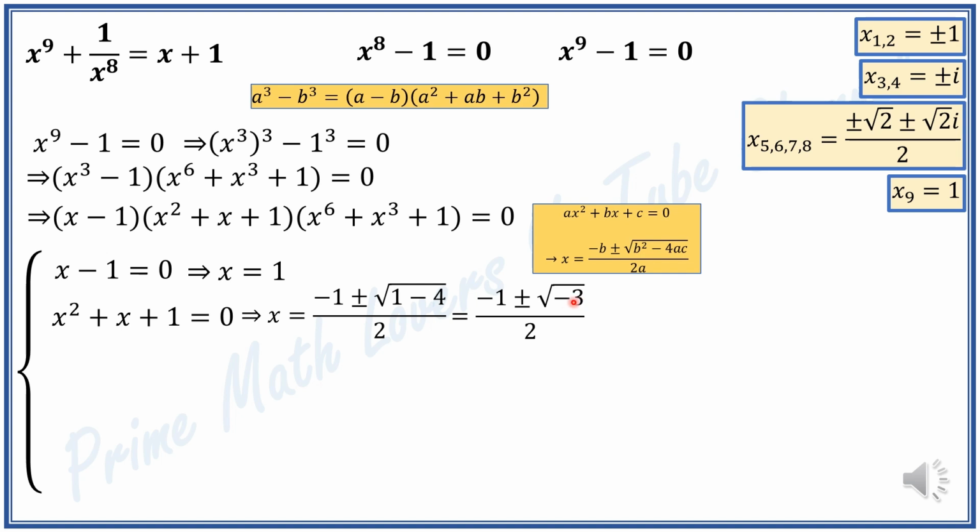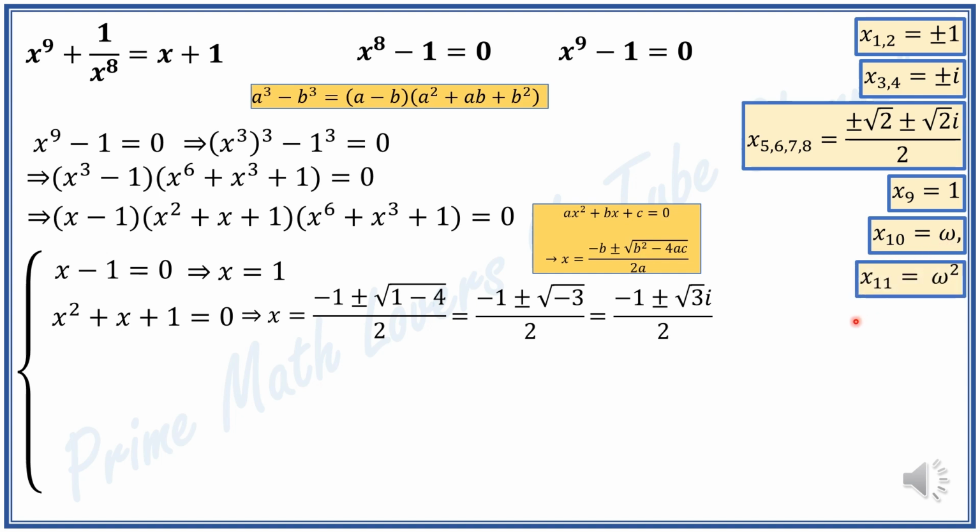I can write minus 3 as minus 1 times 3, then it will be minus 1 plus or minus square root of 3 times square root of minus 1, and square root of minus 1 is i. So it will be minus 1 plus or minus square root of 3 i, divided by 2, which are the cube roots of unity, omega and omega squared. So x10 is omega, the 10th root is omega, and x11 is omega squared.